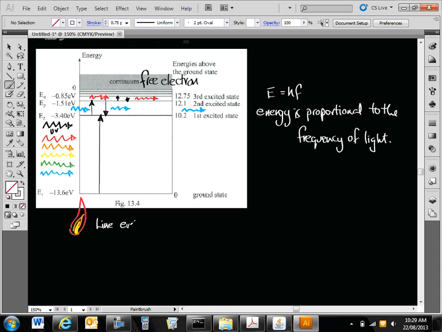Line emission spectra. Spectra is the plural of spectrum.